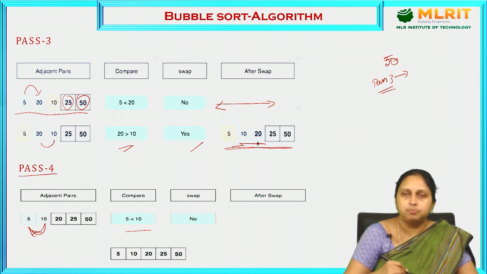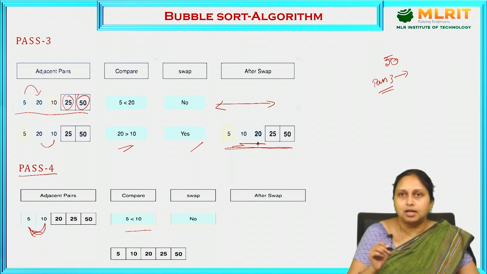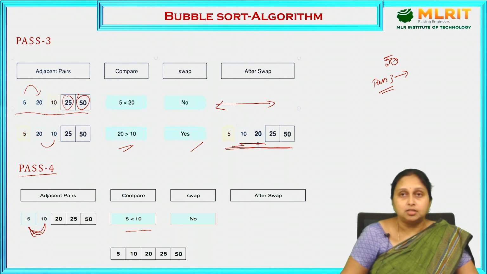It will be repeated for the remaining elements also. Because of that, it is non-efficient. It is not performing efficiently. That's why we go for other sorting techniques.